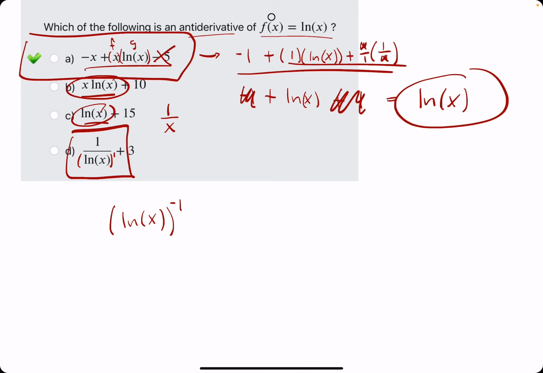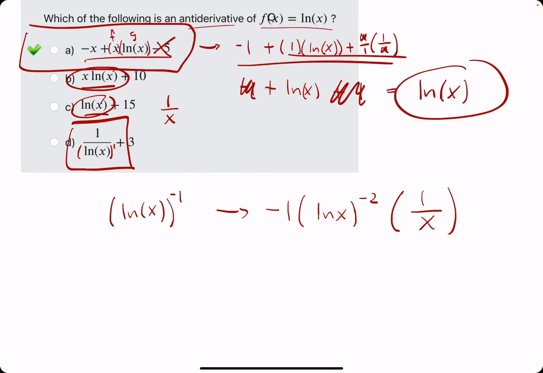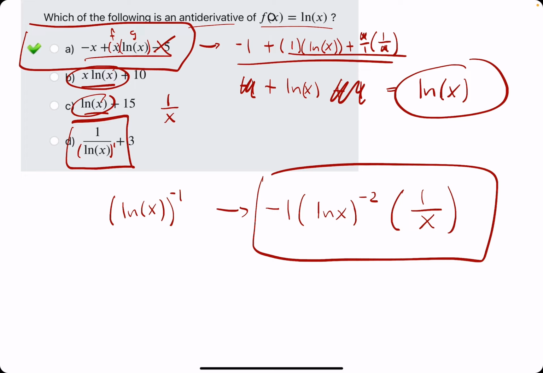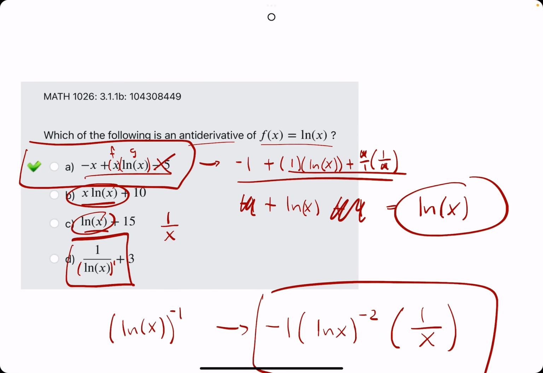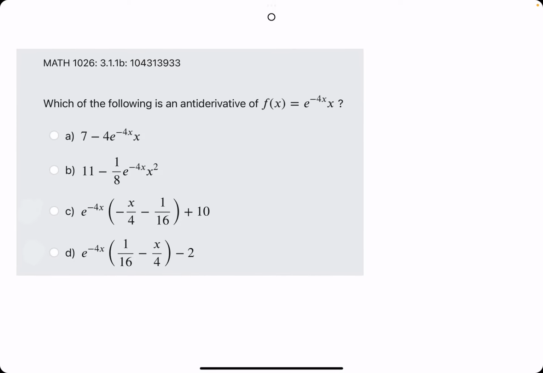So getting it out of the denominator would be to the negative 1. Then using chain rule, we could bring out the negative 1, leave the ln of x, subtract 1 to get negative 2, and then we'd still have to multiply by the derivative of the inside to get 1 over x. So this is nowhere near ln of x. Just to show an example that does not work, that would be the case there.